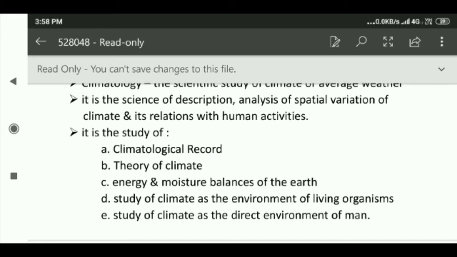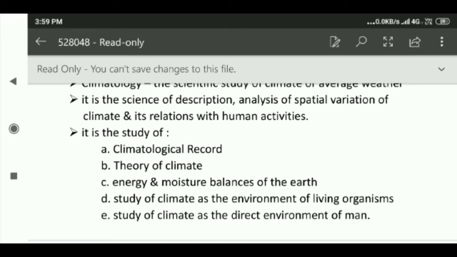A simple definition by Austin and Horwells is that climatology is the science that studies various climates of the earth. According to Crutchfield, climatology aims to study and explain the nature of climate, differences among it, and its interaction with humans.